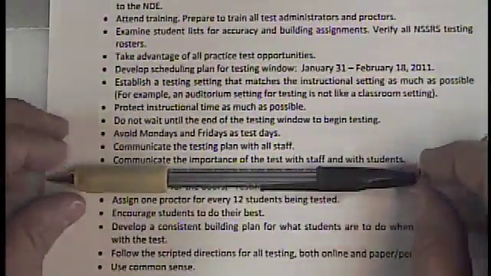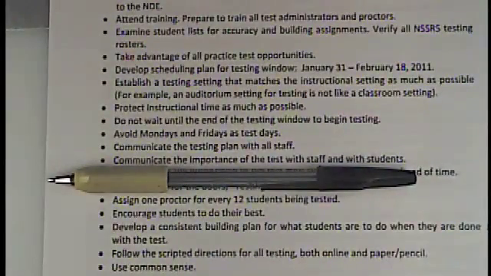Now, what I really want to talk to you about there on that communicate is the fact that your attitude, knowledge, skills, and beliefs about Nebraska State testing are far more visible than we really try to take credit for. And it's real important that our attitudes and beliefs be just as positive as possible for our students.